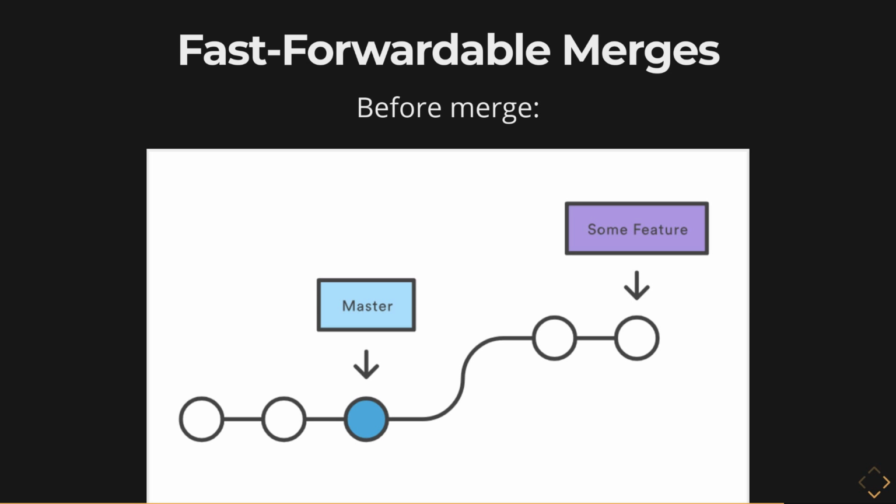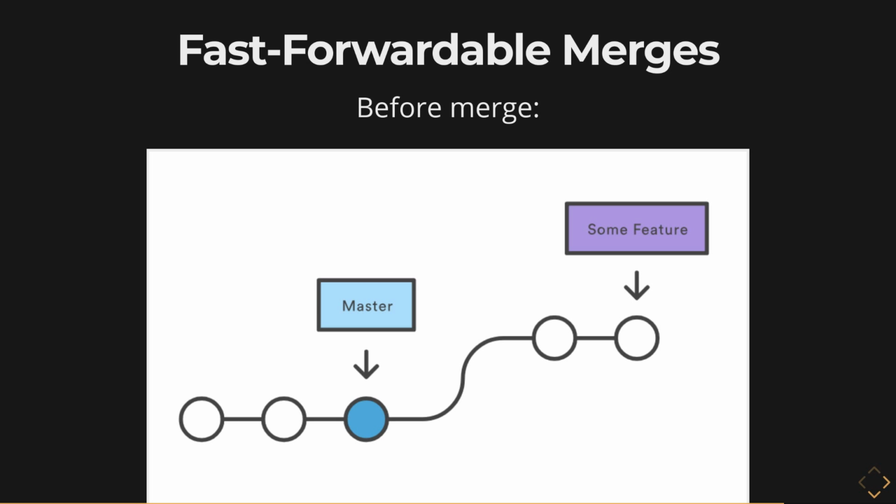Then at some point, someone created a feature branch and they continued the work. So we now have 2 more commits after the head of master. As you can see here, there's a very linear path going from the latest commit on master, the head of master, to the head of that feature branch. It's essentially just a single line.